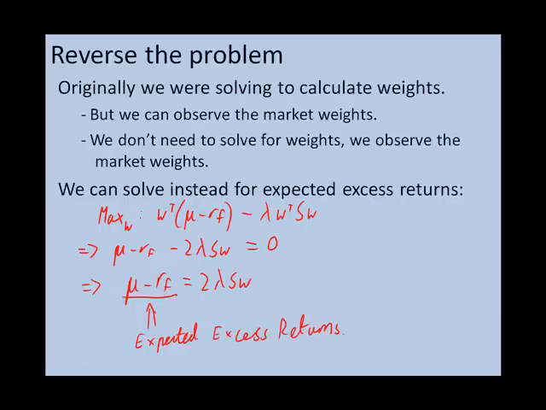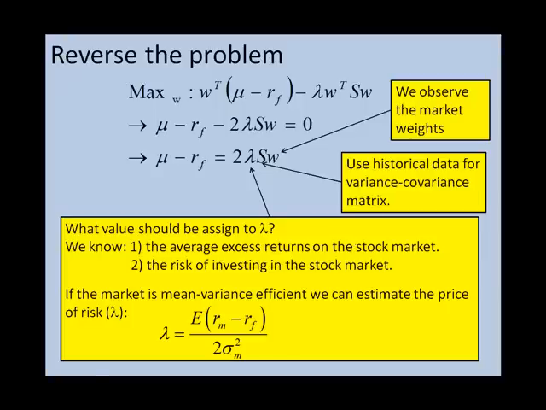What we need to think about now is, do we observe lambda, S and W? Well, we know W. W is going to be the market weights. But what about lambda and S?